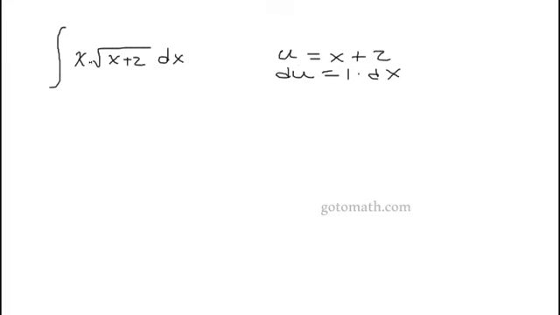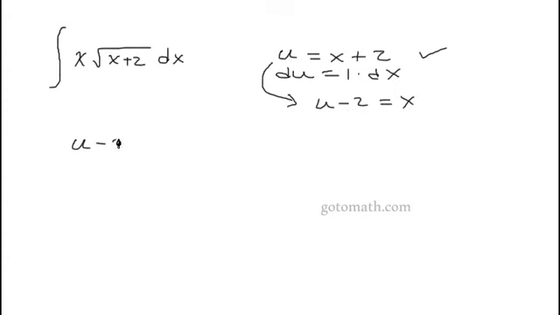That's the question. We're going to have to go back into here, and what we can do is a trick. We're going to solve for x in this problem here. So we're going to have u minus 2 is equal to x. So now we can substitute this x right here for u minus 2.